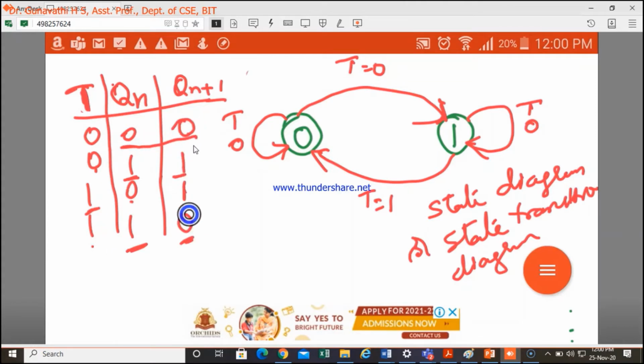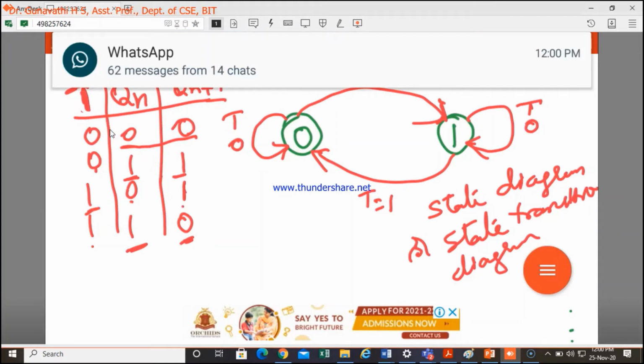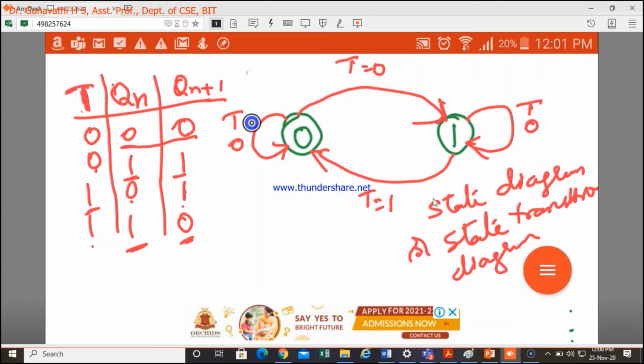You already know the inputs, you are computing the output. Excitation table is the reverse of this. You know what output you'll be getting, and in order to get this output, what should be the input? So it's like a reverse. You'll be computing the inputs by knowing what the output is.